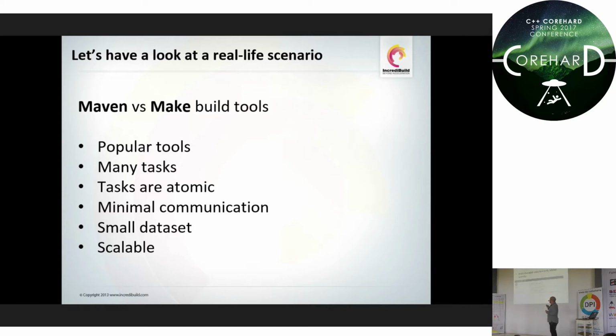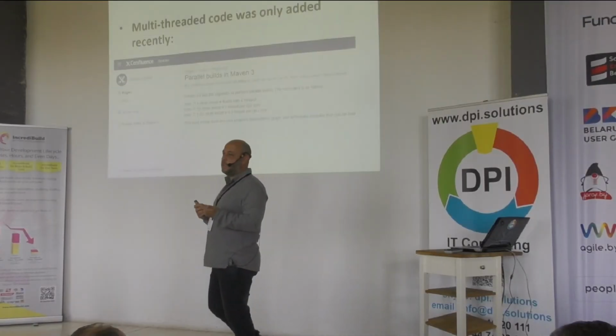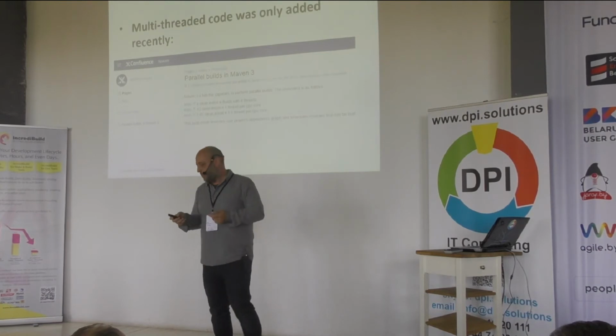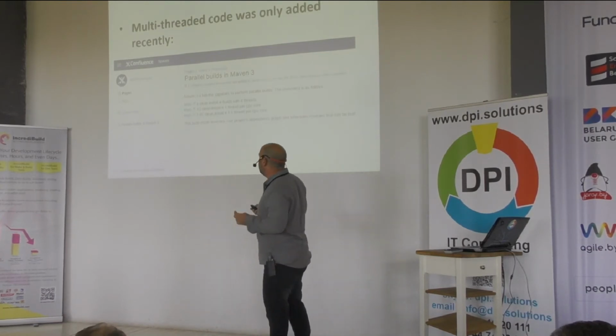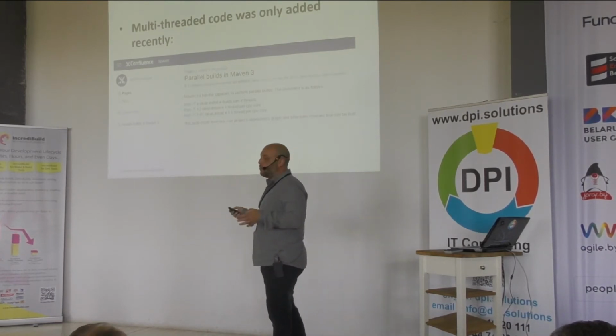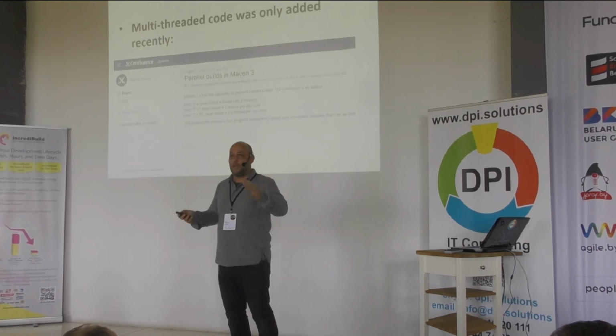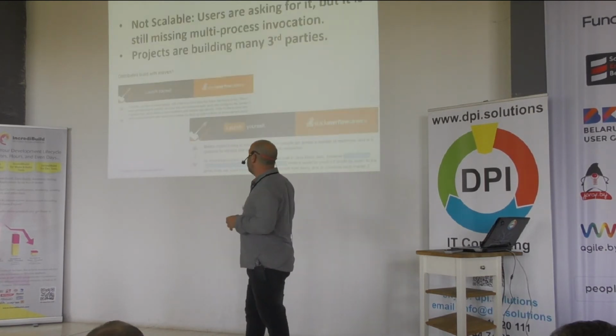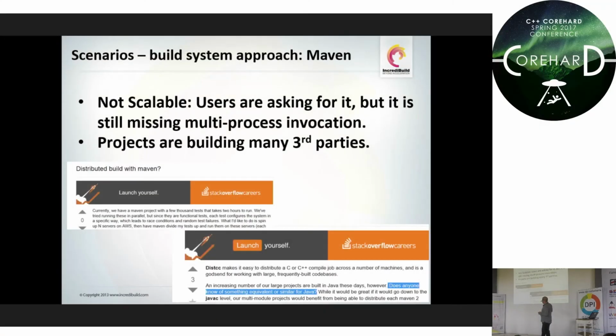In fact, Maven was a single-threaded build tool, and multi-threaded came a few years ago. But still, now it's multi-threaded. So essentially it can run on all your cores, but it can only run on your local machine. As you can see here, there are customers complaining about very large projects in Java, and they can only use their local cores.